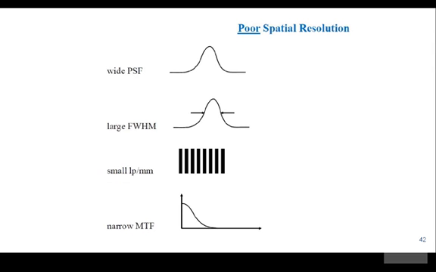And with poor spatial resolution, we're going to end up with a wide point spread function. If we image a point source, we're going to have a very blurred image, with a large full width half maximum. The number of line pairs per millimeter that we're able to visualize is going to be quite small, and this manifests itself as a narrow modulation transfer function.